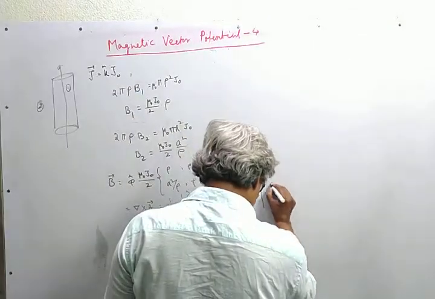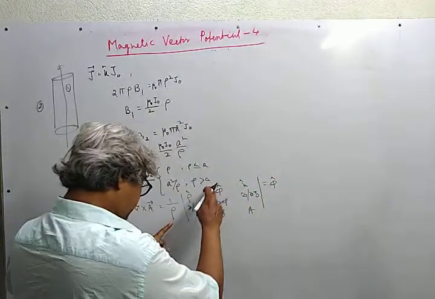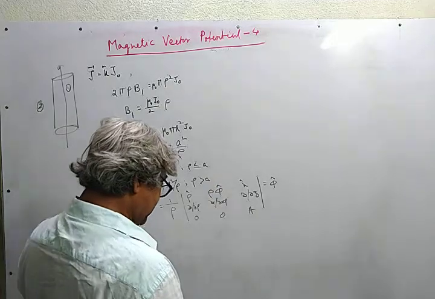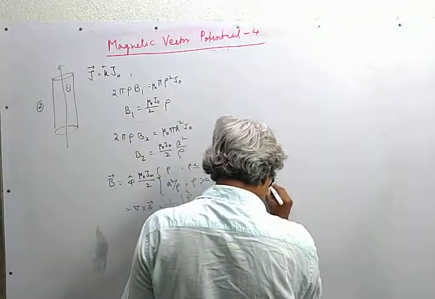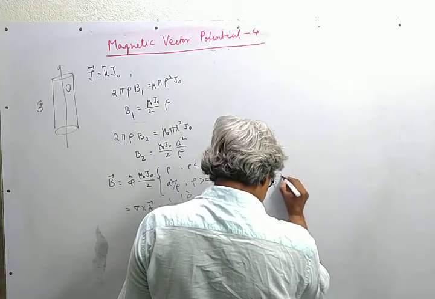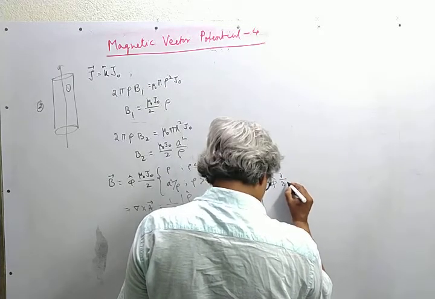When multiplied by rho, it gets cancelled. So this is minus del A by del rho.